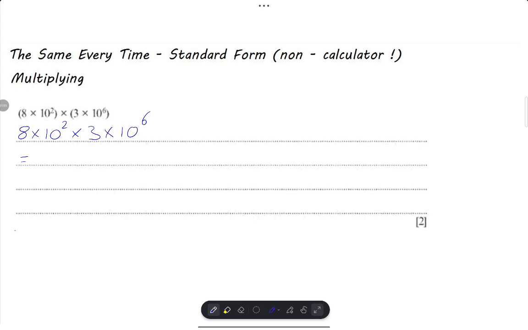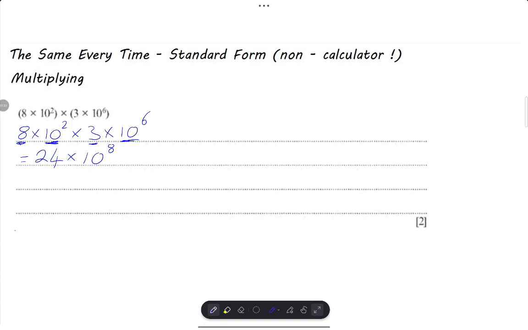So multiplying the numbers, we've got 8 times 3, 24, times 10 to the power 2 times 10 to the power 6, and you'll remember that when we multiply, we add the powers, so that's 10 to the power 8.